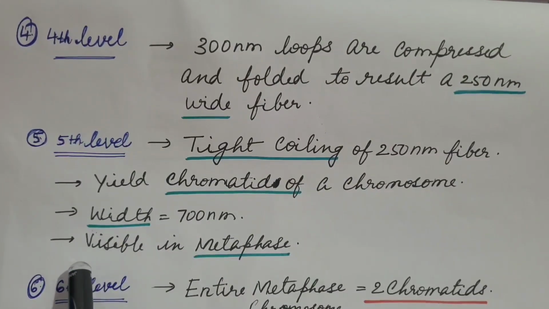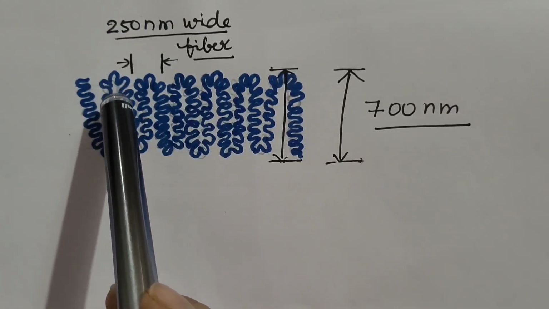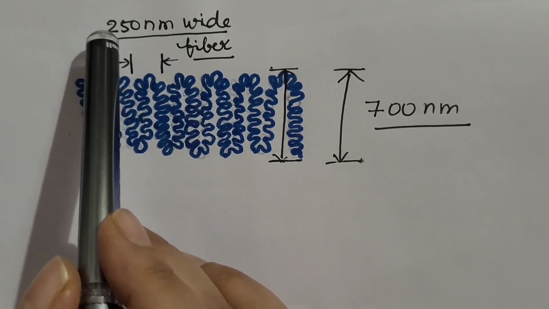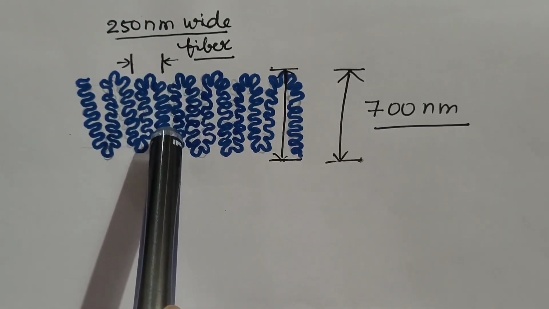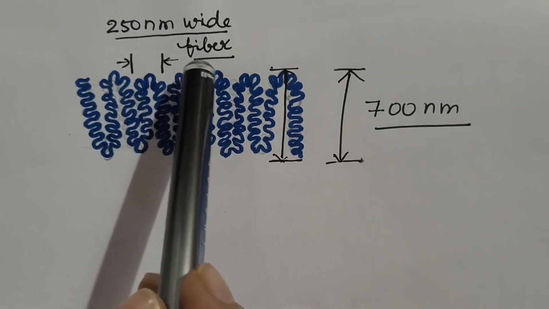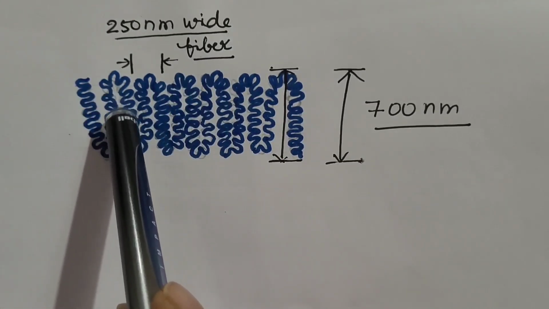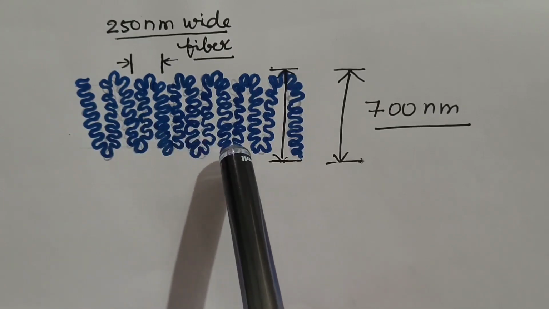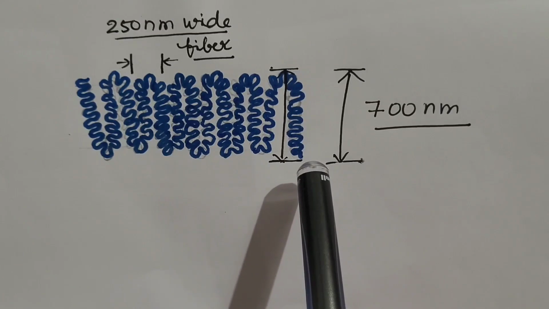And this chromatid is visible in metaphase chromosome. 300 nanometer loops are compressed and folded and give 250 nanometer wide fiber. Further, 250 nanometer wide fibers are tightly coiled and give chromatid of a chromosome that is visible in metaphase.